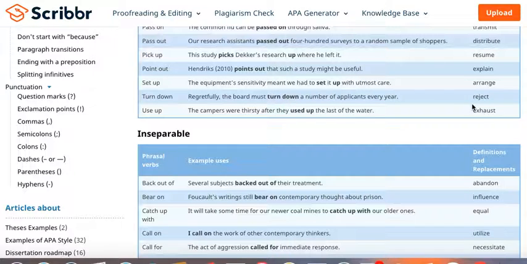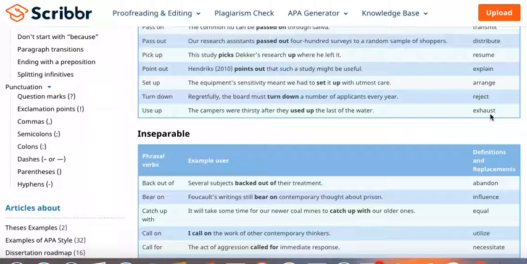Turn down means reject. The last one, the last phrasal verb that is separable, use up. The campers were thirsty after they used up the last of the water. Used up means exhaust.